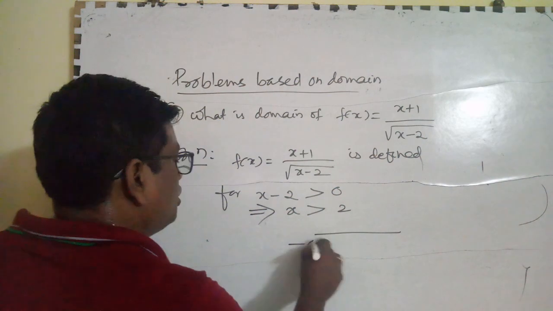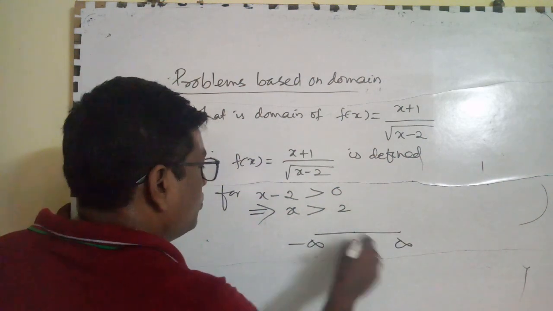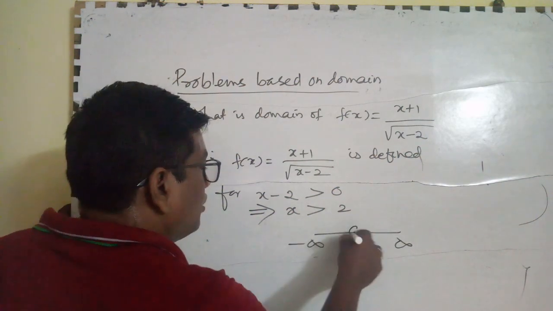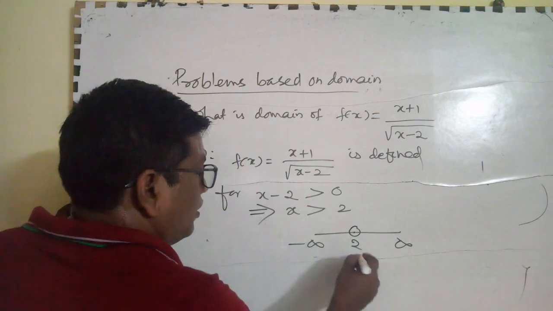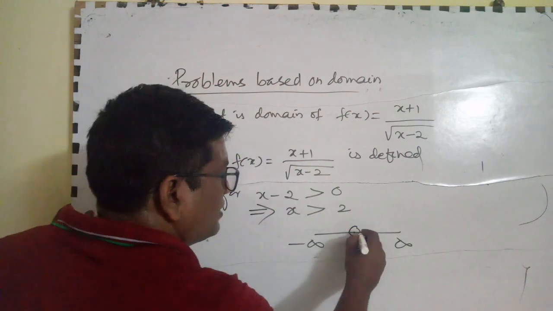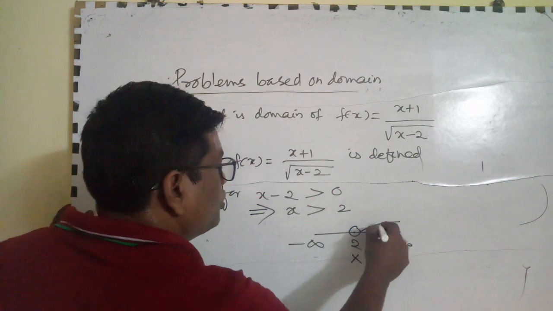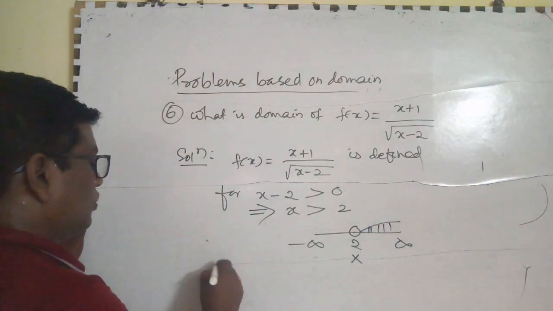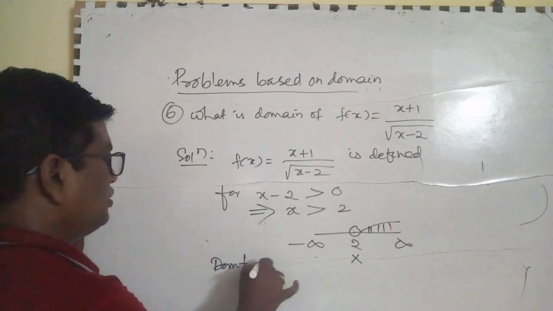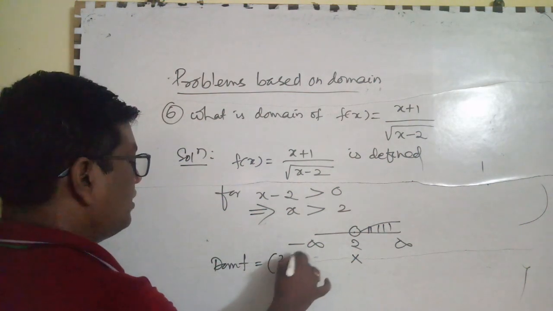On the number line, from minus infinity to plus infinity, here 2, x greater than 2, excluding 2, except 2 and greater than. This is the domain. Dom f is equal to the interval 2 comma infinity.